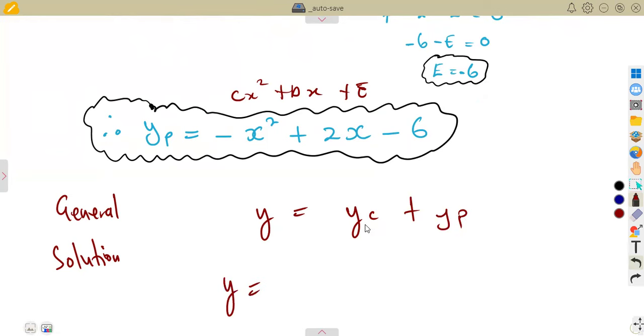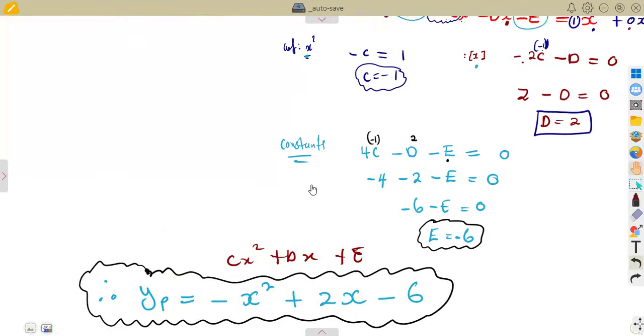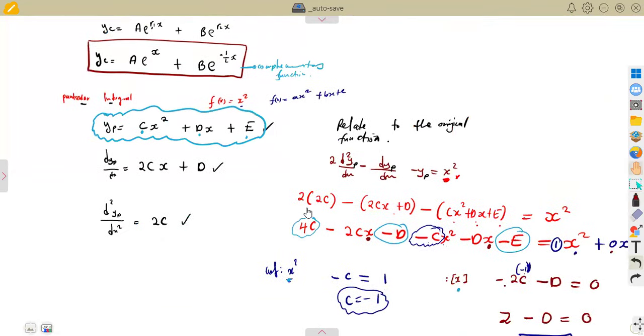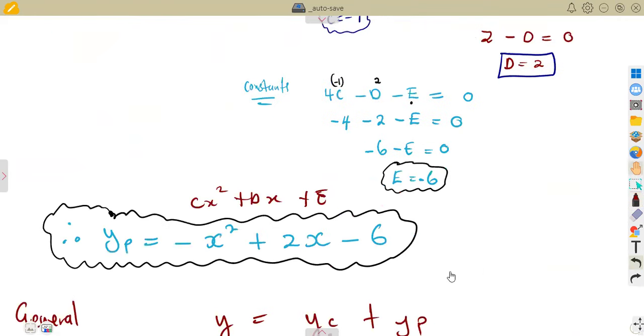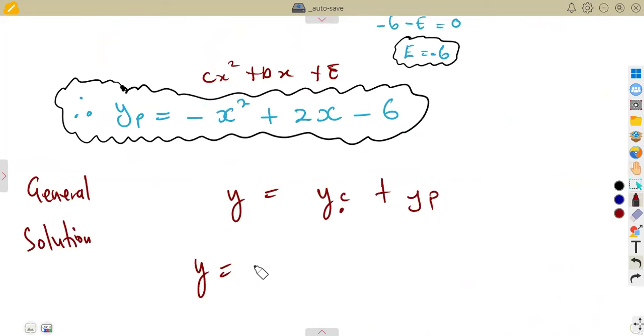So y is equal to, remember, this one must contain a and b because we never calculated those. We take it from here as it was: a e to the exponent of x plus b e to the exponent of minus half x. That is what we had from that equation. Plus now the particular solution where we solved these constants.